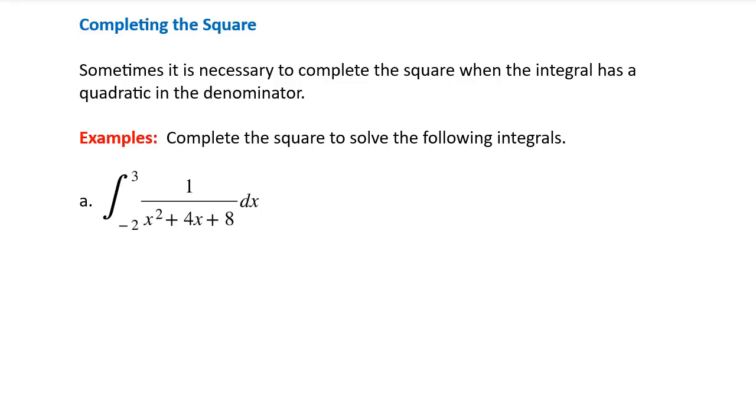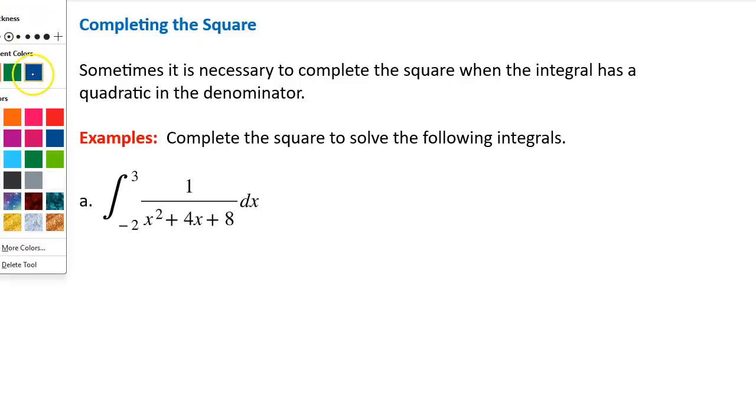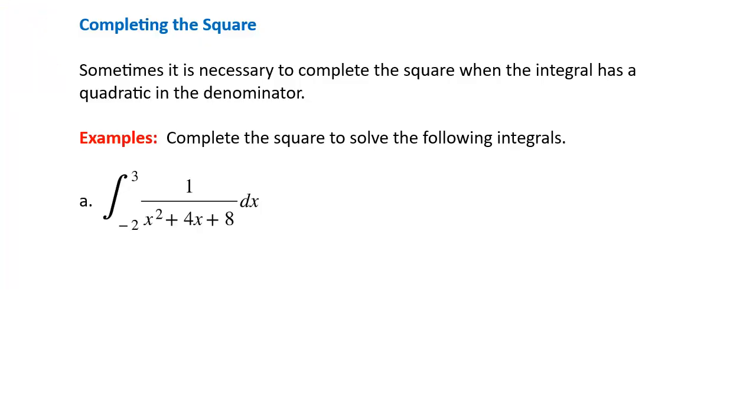Okay, so let's see if you recall how to complete the square. So we're going to take the denominator, x squared plus 4x plus 8, and we're going to try to write an equivalent with the squares in it.